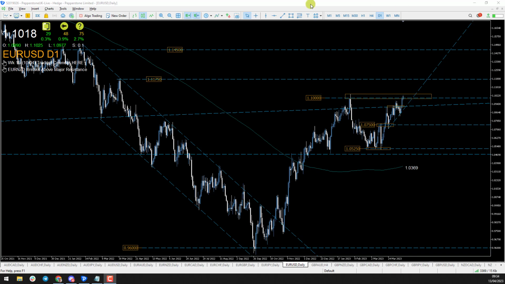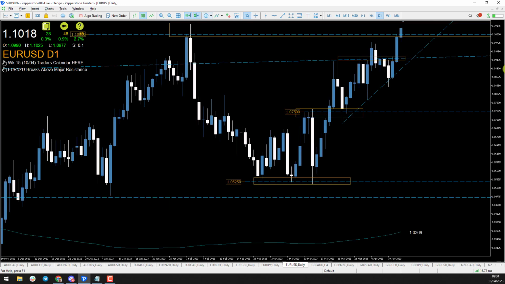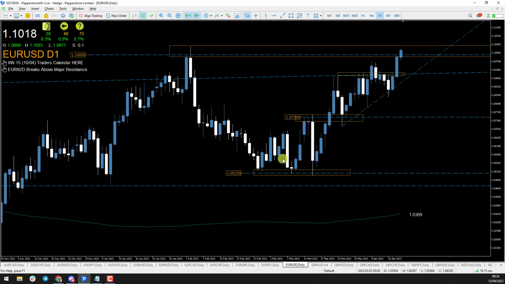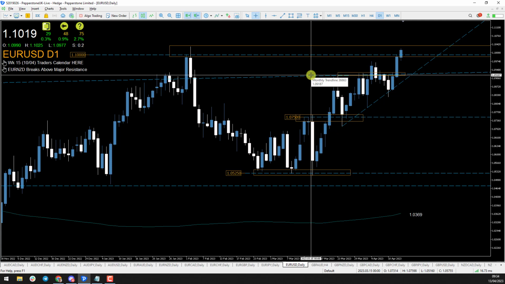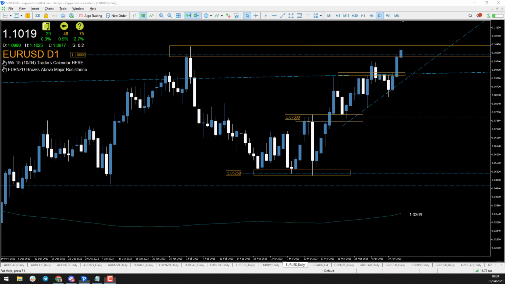Now I'm just going to zoom in slightly so that we can see what's going on here. You can see ever since the middle of March, price has really started to create an upward trend. We're starting to break out, and price is making higher highs and higher lows, and most recently we've traded through those highs.